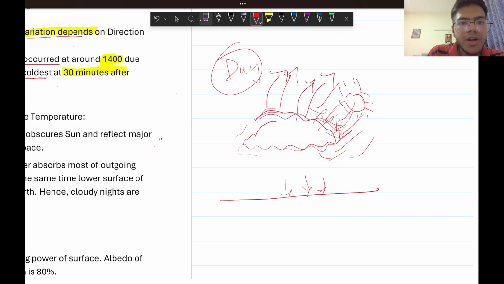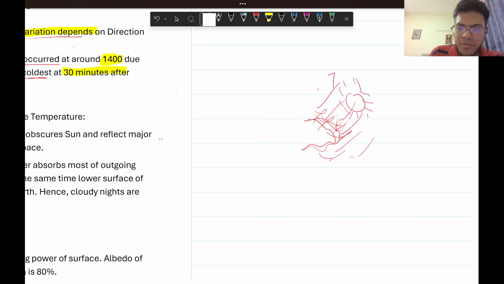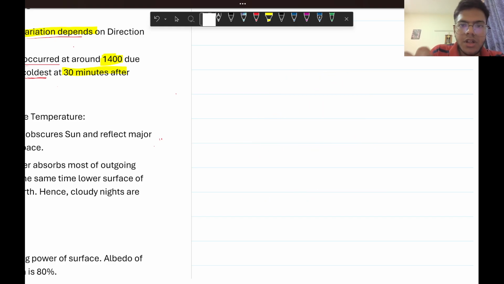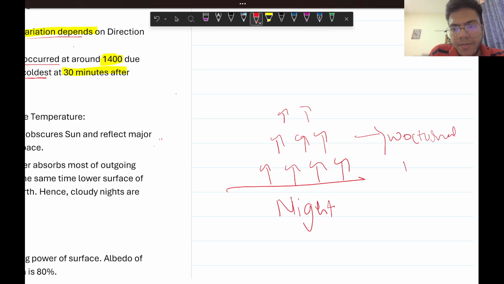Now guys, what happened in night? We'll discuss the case of night as well. See guys, there is no sun in night. Okay, so we know radiations are going above in night, and these radiations are your nocturnal radiations. Okay, now guys, there is a layer of cloud.